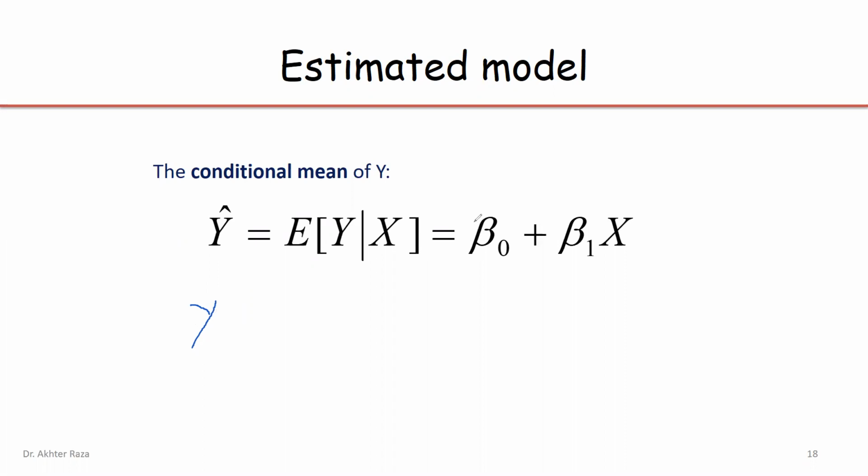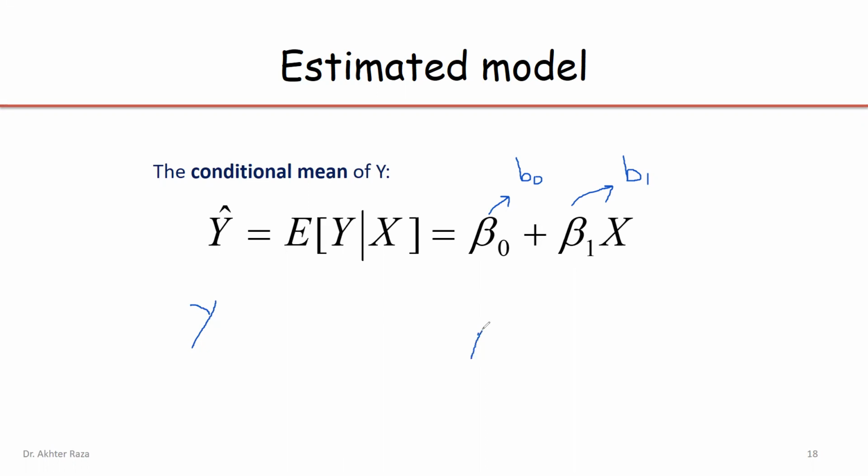After estimating the parameters, we have the values of B0 and B1. B0 is the estimate of the parameter beta naught, and B1 is an indication of the estimate of the parameter beta 1. So beta 1 is a parameter, while B1 is the point estimate of the parameter beta 1. And B0 is the point estimate of the parameter beta naught.